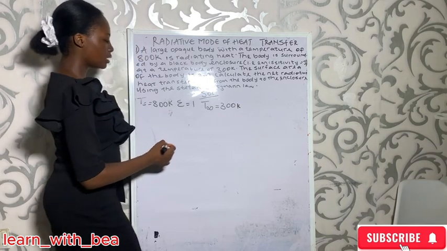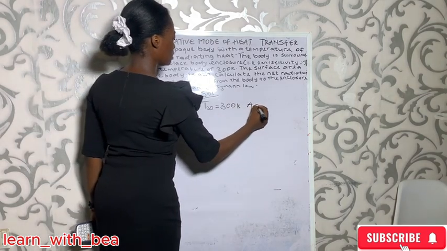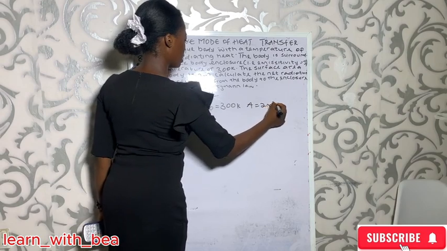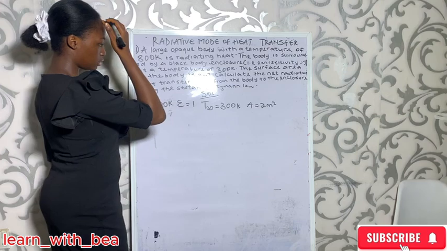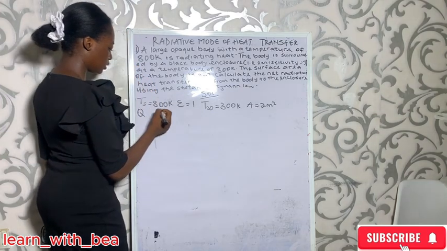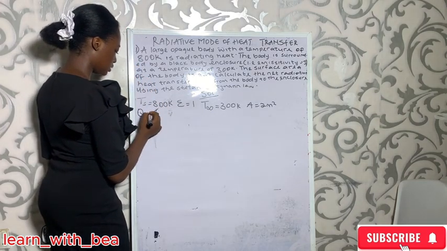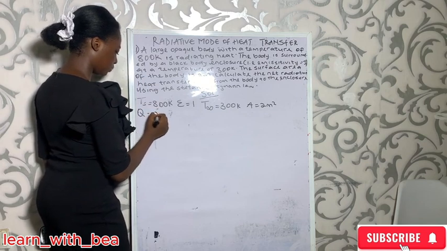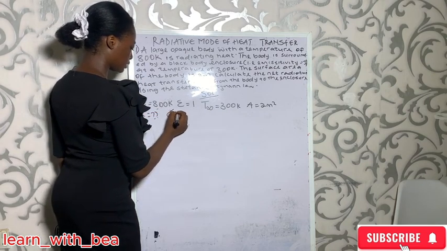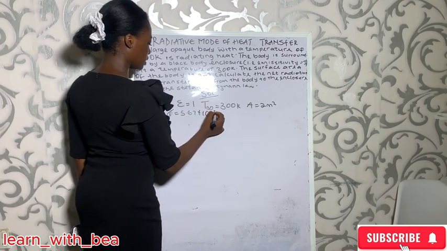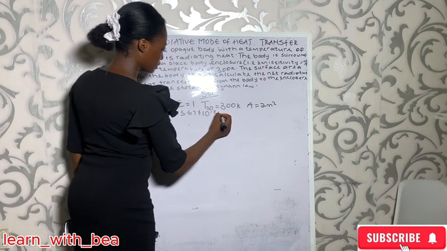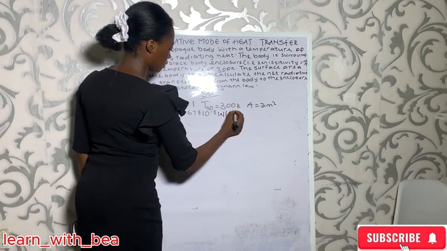The surface area is 2 meters squared. So we have to calculate Q using the Stefan-Boltzmann law. We're not given the constant, but we already know that our constant is 5.67 times 10 to the power minus 8 watts per meter squared per Kelvin to the fourth.